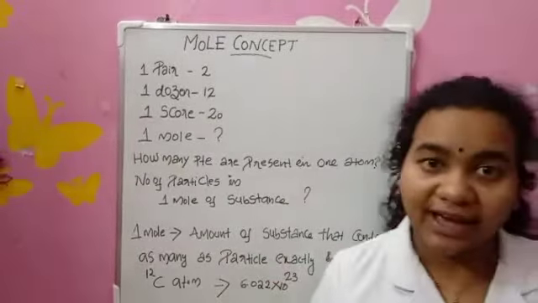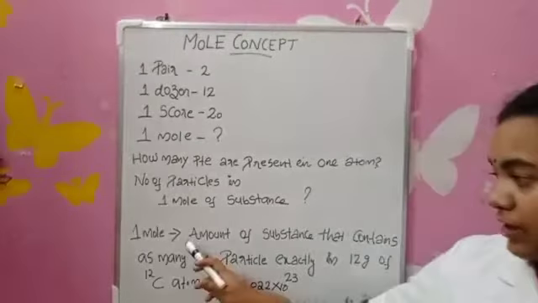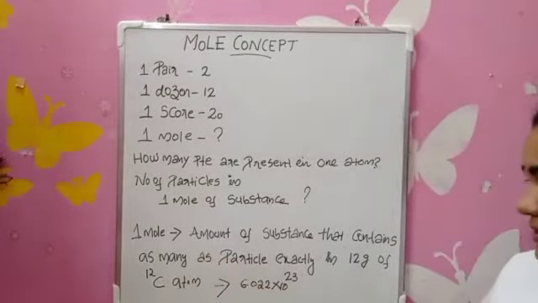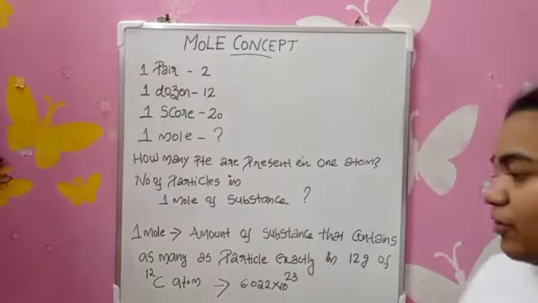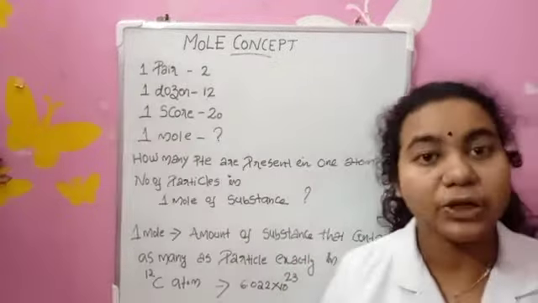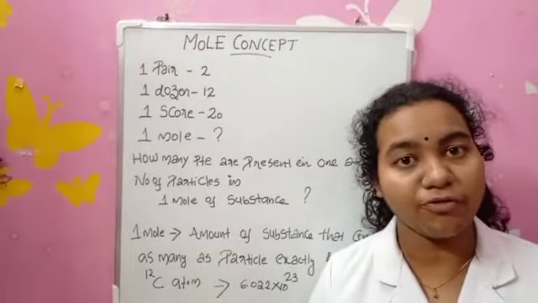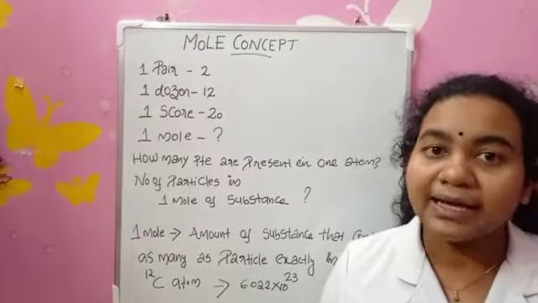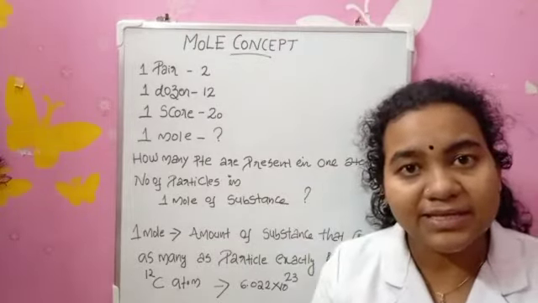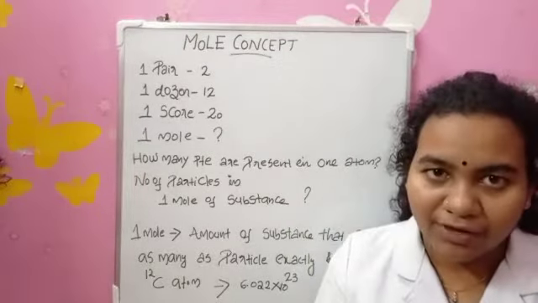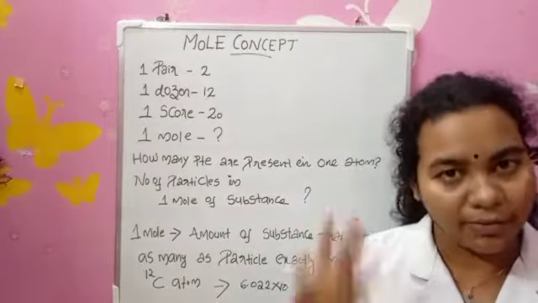So we can define 1 mole as the amount of substance that contains as many particles as exactly 12 gram of carbon 12. Carbon 12 is one of the isotopes of carbon. So how many particles are present in 12 gram of carbon 12? That is 1 mole.